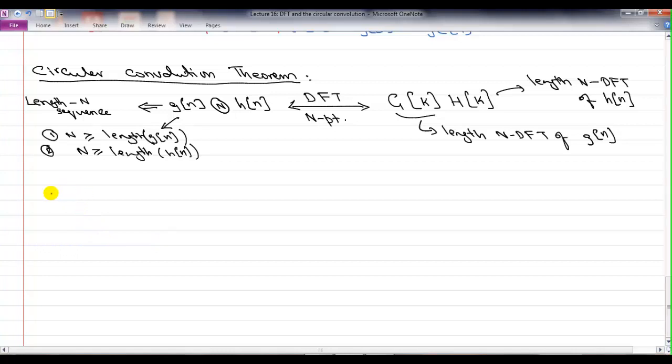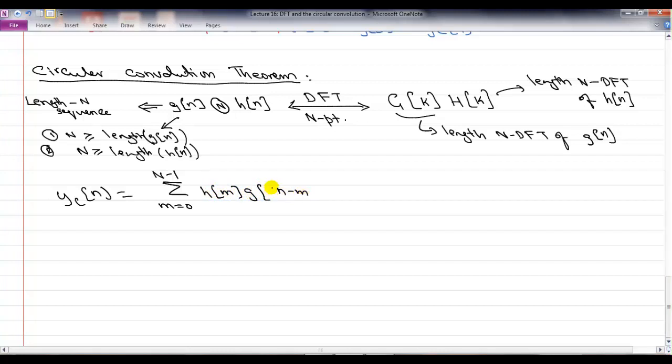Let's try to understand the circular convolution in terms of computation. This is the definition of circular convolution: sum over m from 0 to n minus 1, h of m, g of (n minus m) mod n, and we have this going on for n equal to 0, 1 up to n minus 1.